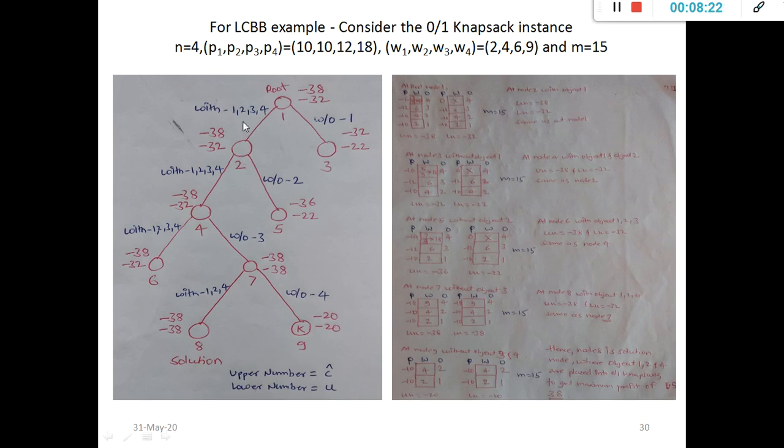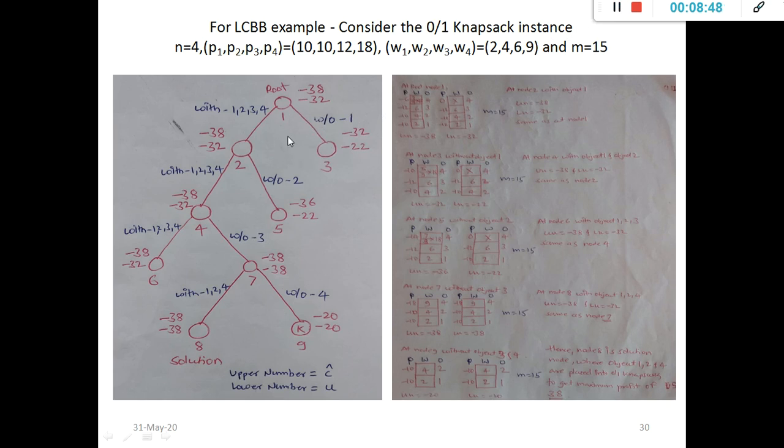When you consider objects 1, 2, 3 and 4, you will get the same upper number and lower number as minus 38 and minus 32 as shown at node 2. But at node 3, you have to generate the new upper number and lower number values without placing object 1 into the knapsack. This is the simple trick you have to use.